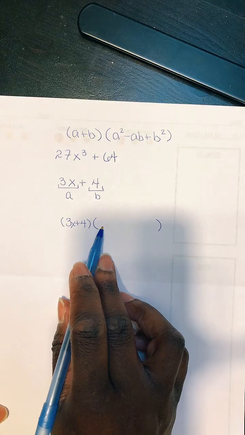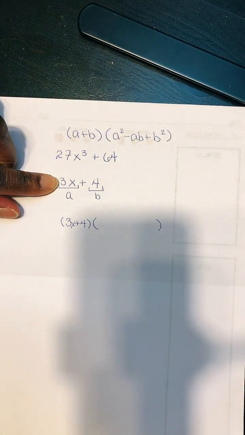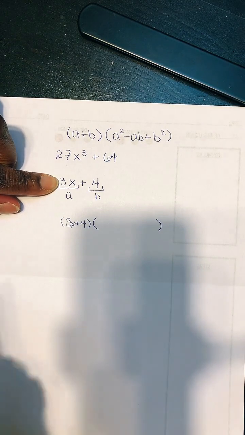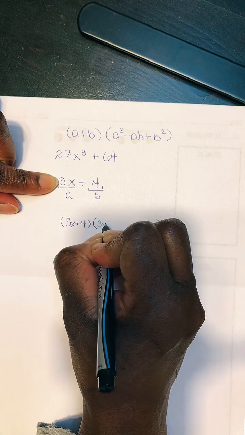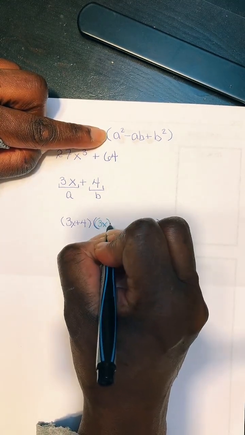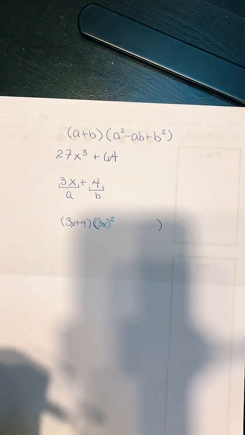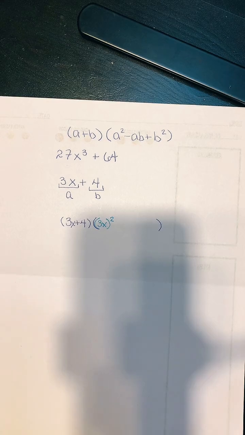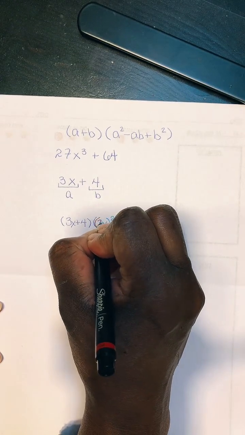Okay, the second parenthesis is taking our a value. And remember, our a value is going to be 3x. And we're going to square it. So we're going to square that 3x. Not sure if that pen color is the one I should have picked, but we're just going to draw right over that, make it into a nice little red.